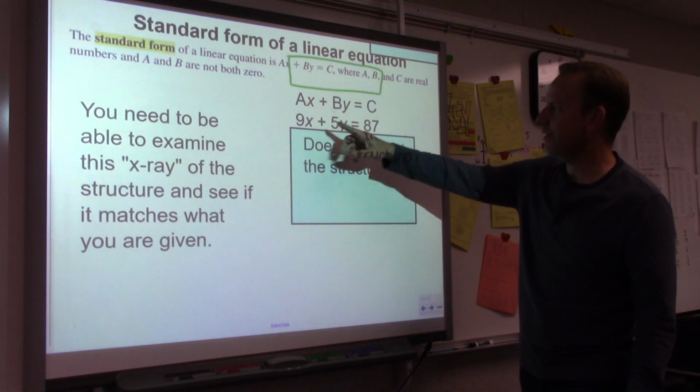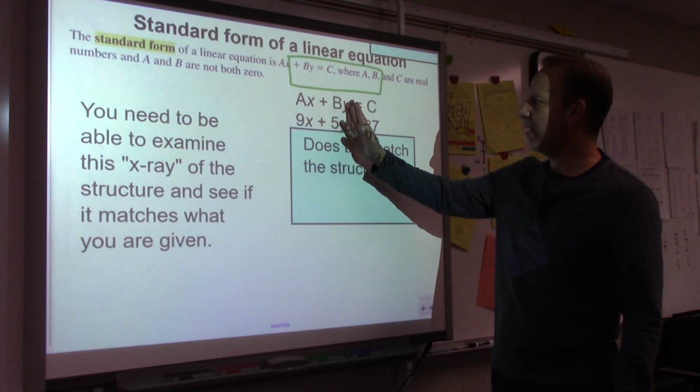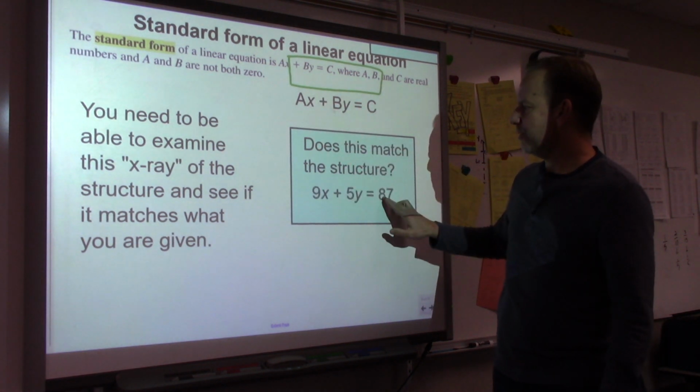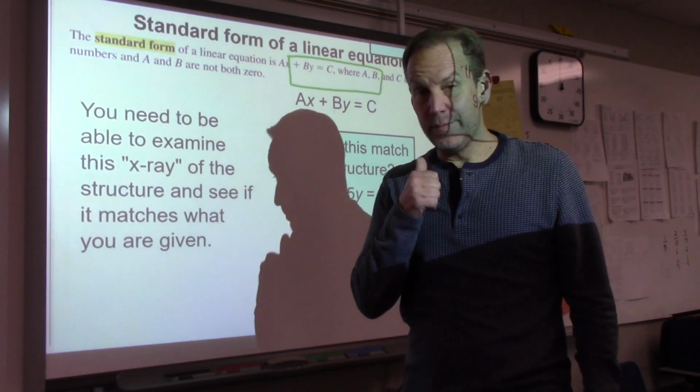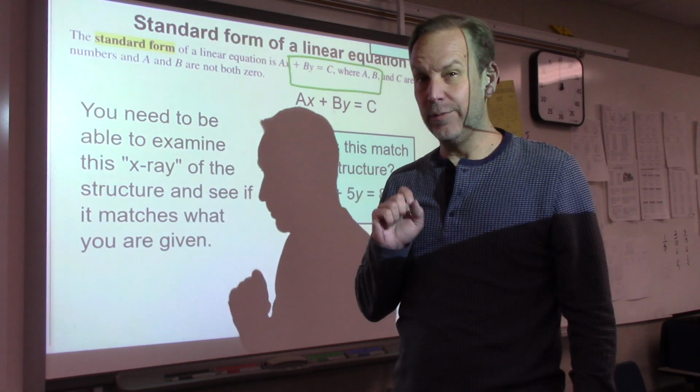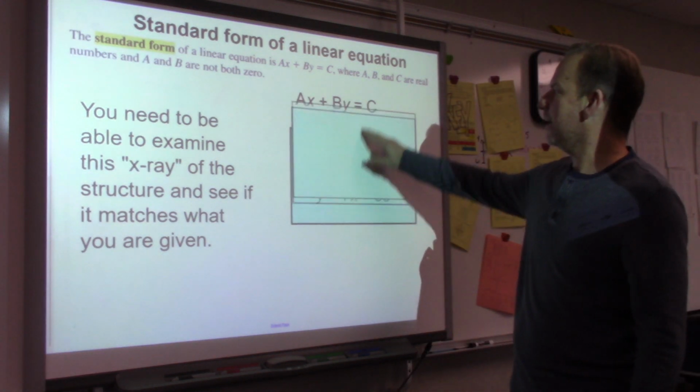You can look at it and say, oh yeah, there's number x plus number y equals number. And so you would say that 9x plus 5y equals 87 does match the structure of a standard form linear equation.